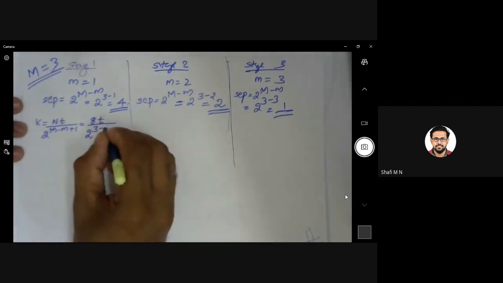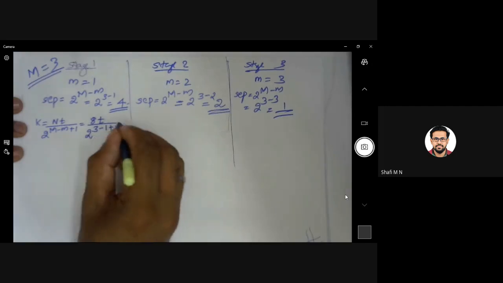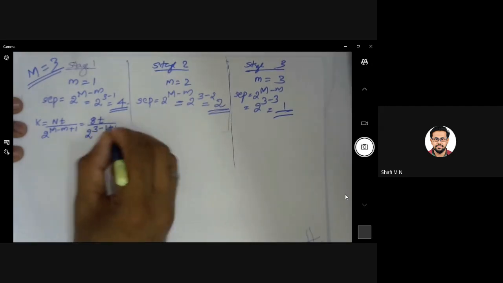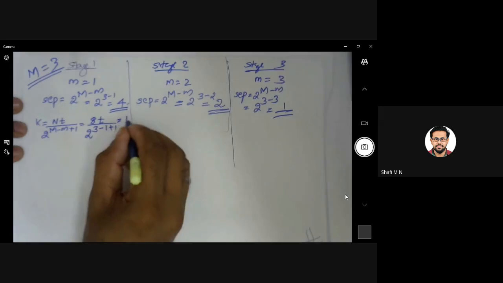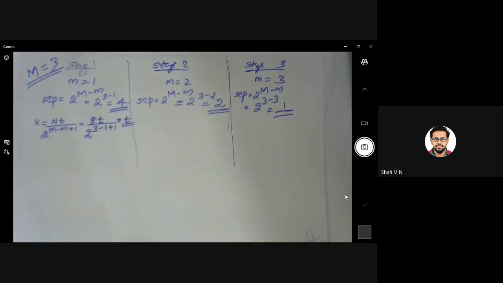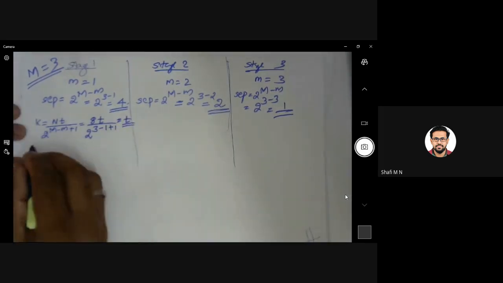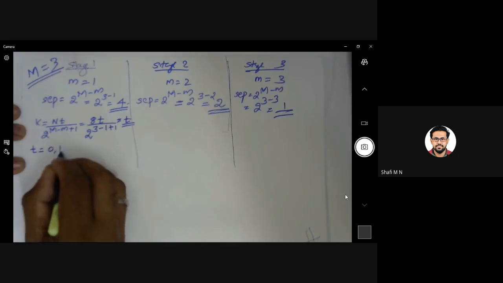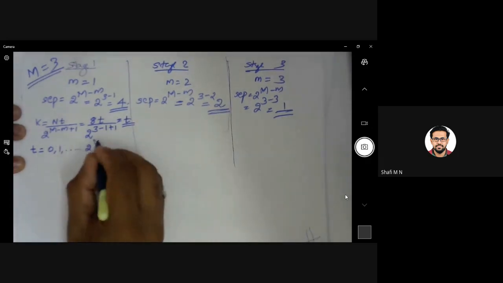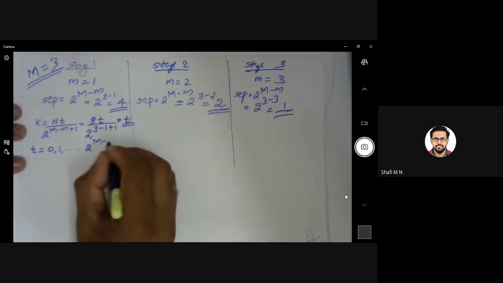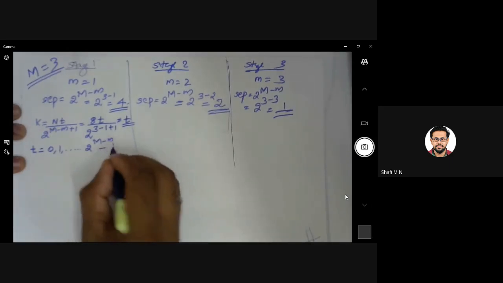Minus stage is 1, plus 1. So this is 2 raised to 3, which is 8. Minus 1 plus 1 cancel out. 8 will get cancelled, and that is t. So your k is equal to t. Now just find the values of t. t varies from 0, 1, 2, etc., up to 2 raised to m minus s, minus 1.